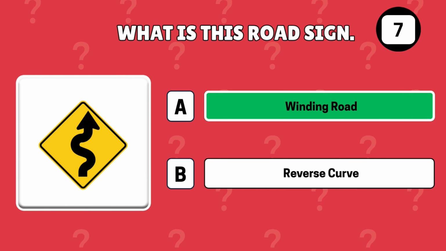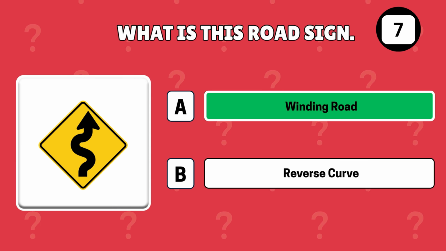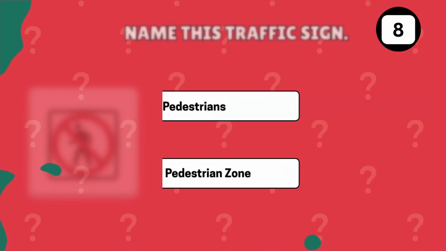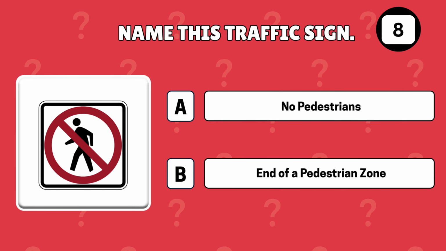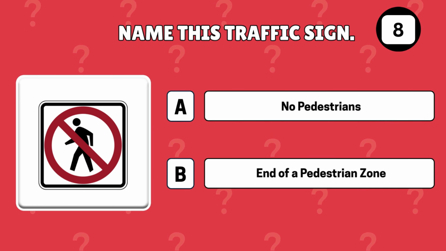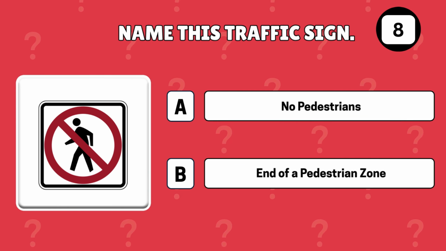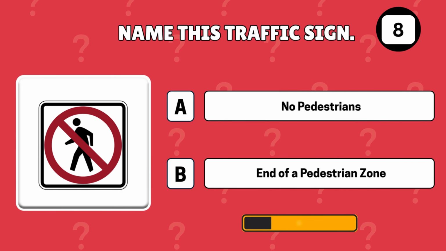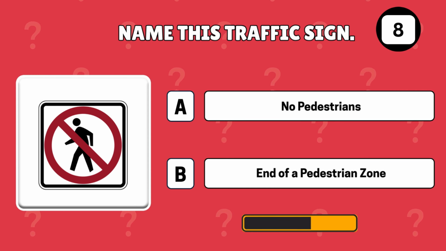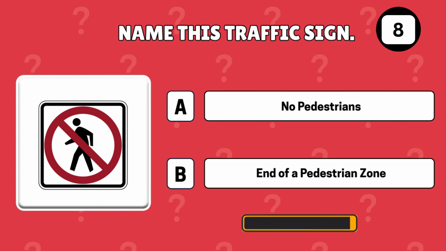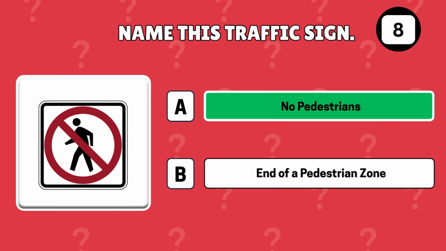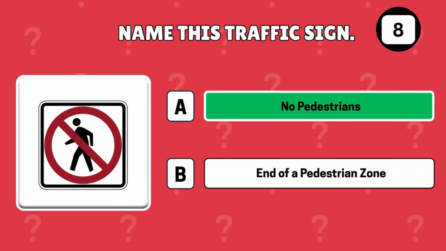Well done. This is the winding road sign. Name this traffic sign. A. No pedestrians. B. End of a pedestrian zone. Brilliant. This is the no pedestrians sign.